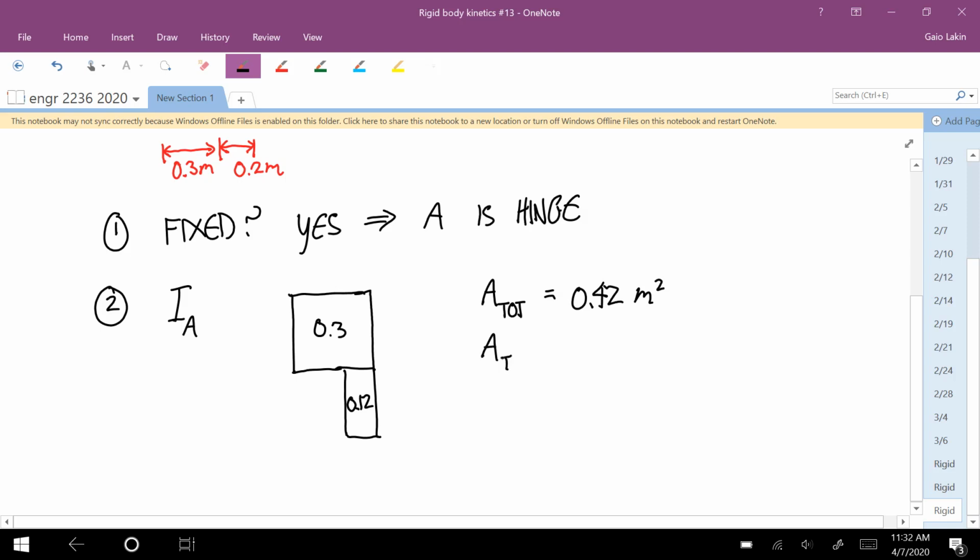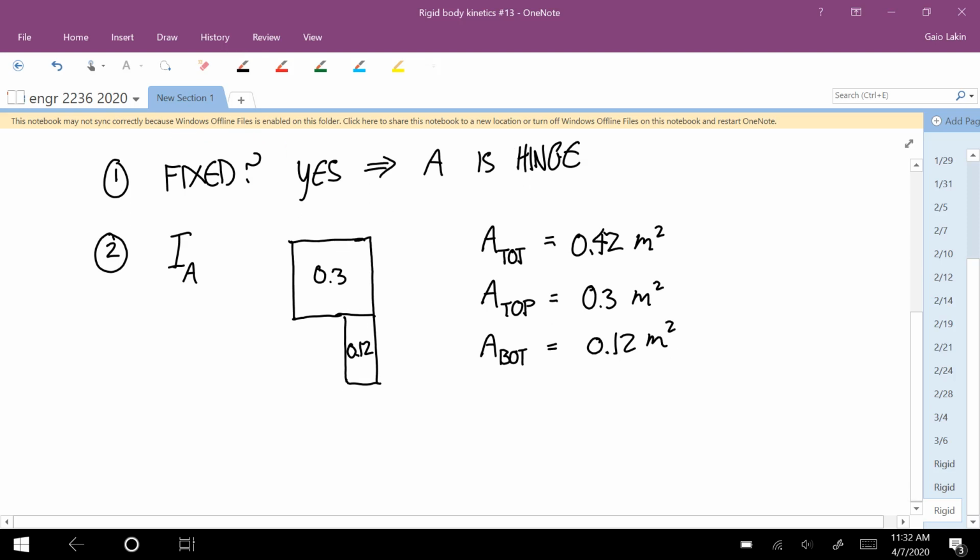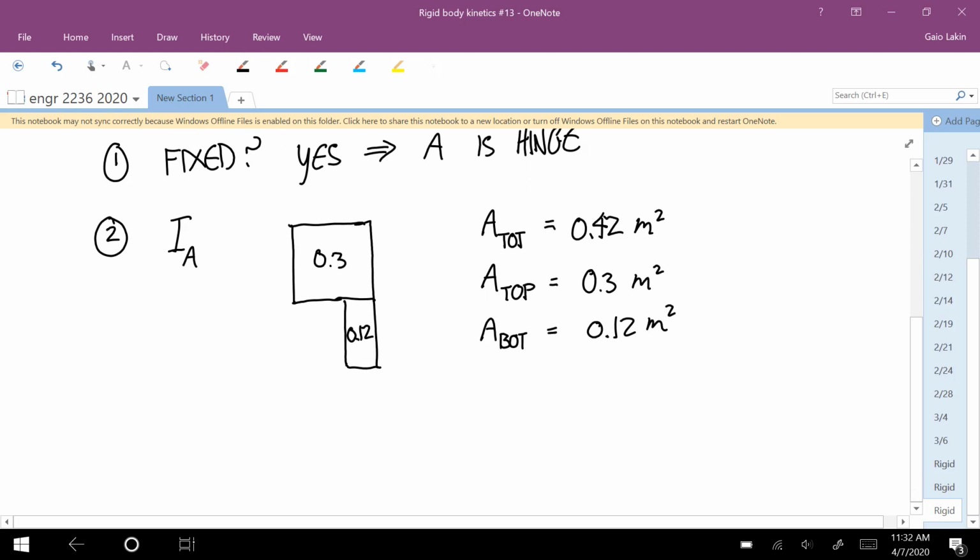The area of the top is 0.3 meters squared, and the area of the bottom is 0.12 meters squared. The mass of the whole thing we're calling m. So I'll keep calling it top and bottom.